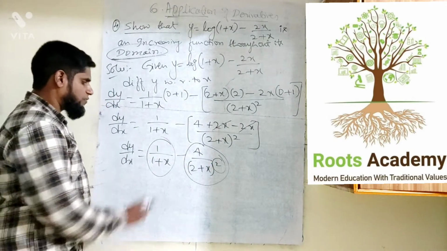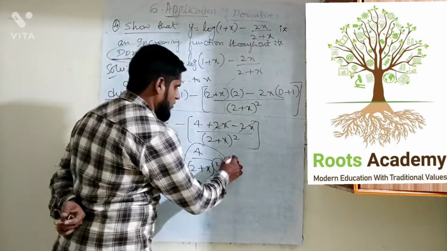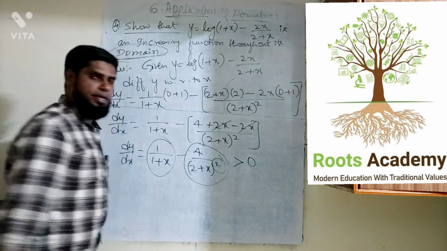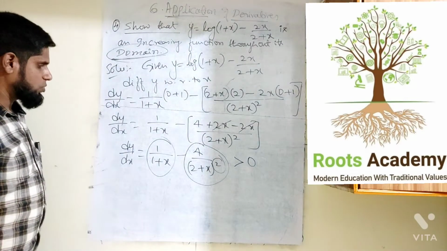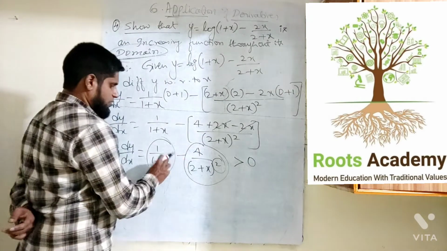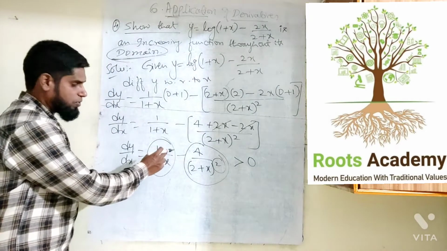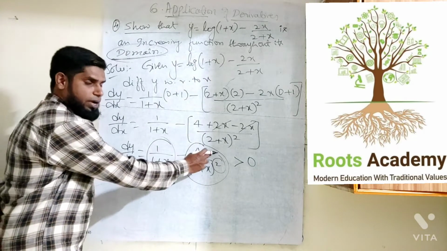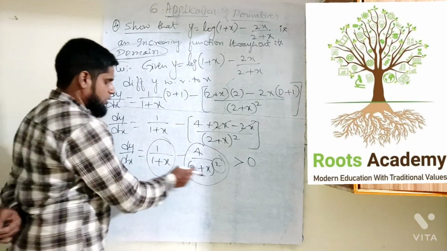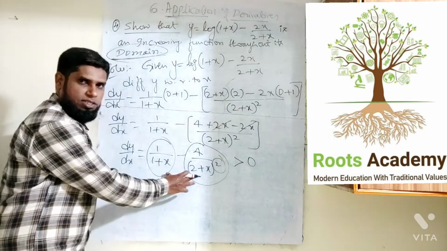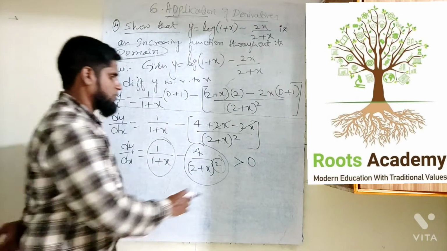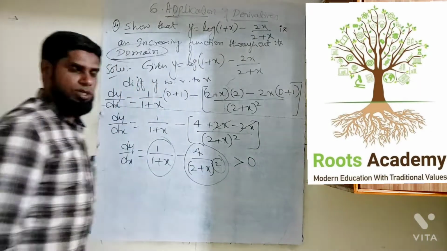So its final answer will always be strictly greater than 0. The first value will be greater compared to this value, so its answer is always positive. So this is greater than 0.